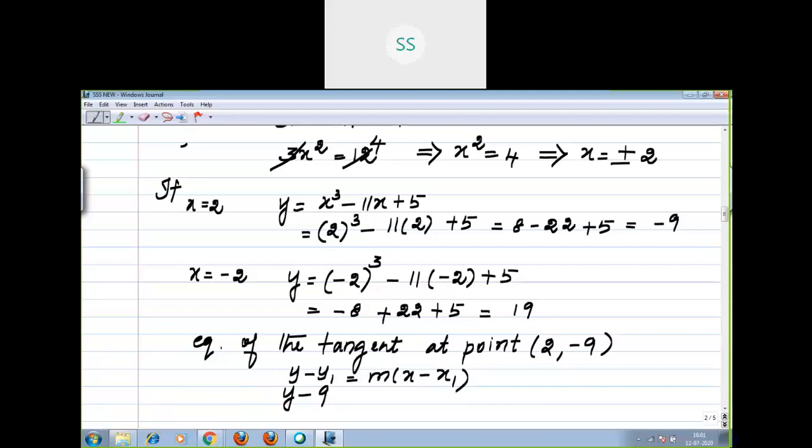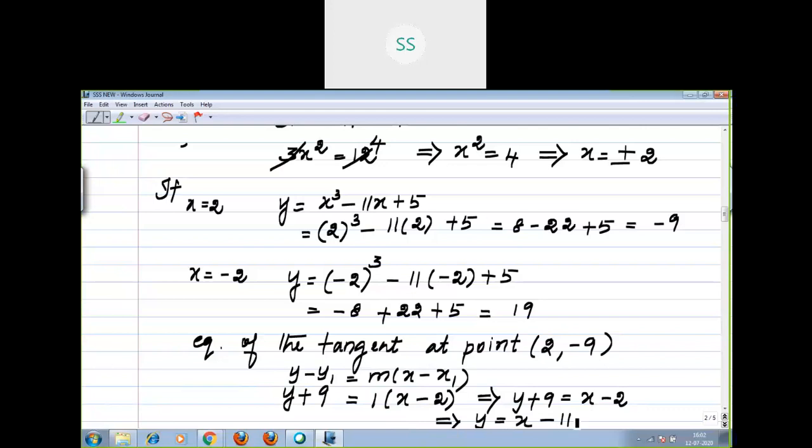Here the equation of the line is given, y equal to x minus 11. That slope you have to use here. What is the slope of the tangent? Slope is 1. So here you have to substitute 1. It becomes y minus of minus 9 equal to 1 into x minus 2, which implies y plus 9 equal to x minus 2, which implies y is equal to x minus 11.